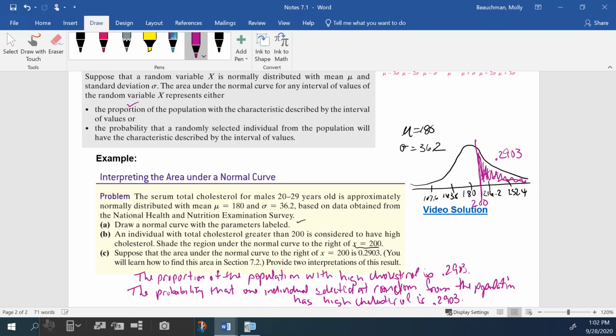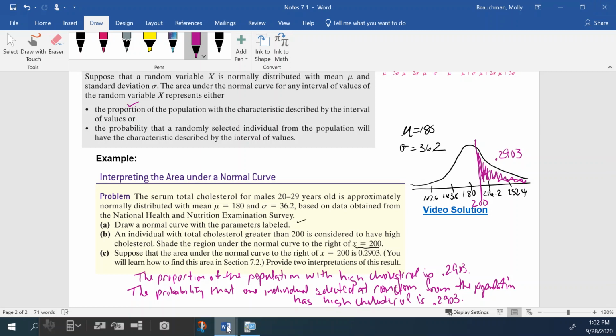So it's either a proportion of the population, or you could even say percent, 29.03% of the population has high cholesterol, or it's the probability that if you select one person at random, that that person has high cholesterol, and that would be 0.2903.